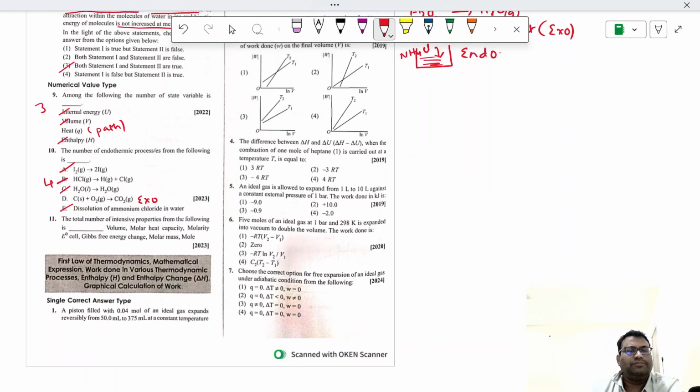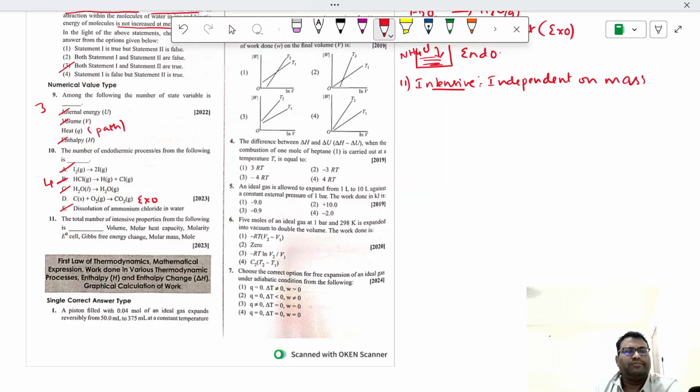Next question is the total number of intensive properties. Already we have studied what is meant by an intensive property. Intensive property means independent of mass, that is, independent of the mass of the system or quantity of matter present in the system.